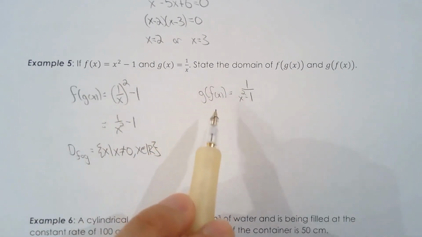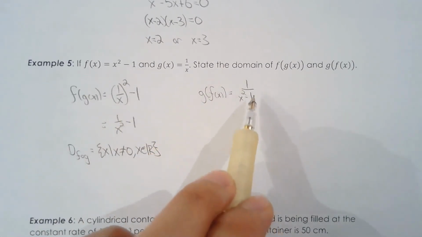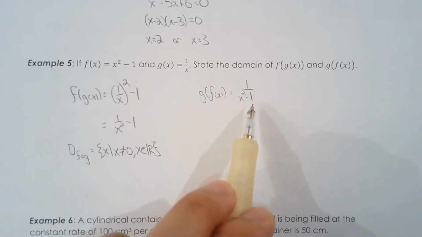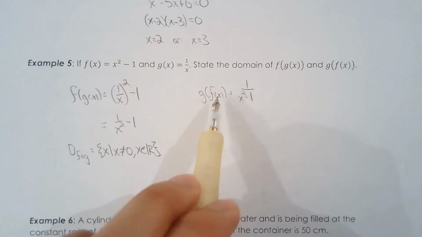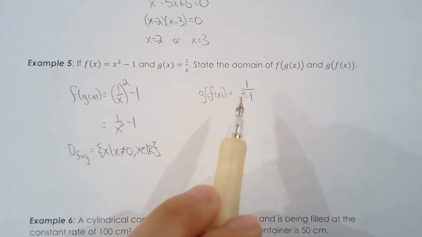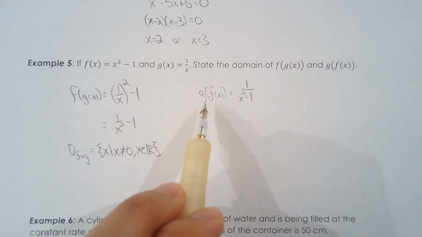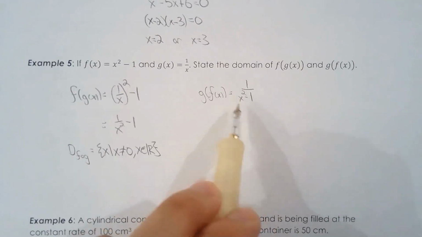You can't let x equal 0. So if that's the case, f of x can't be 0. That's the value in the range of f of x that you can't let occur, because it is not part of the domain of g of x.